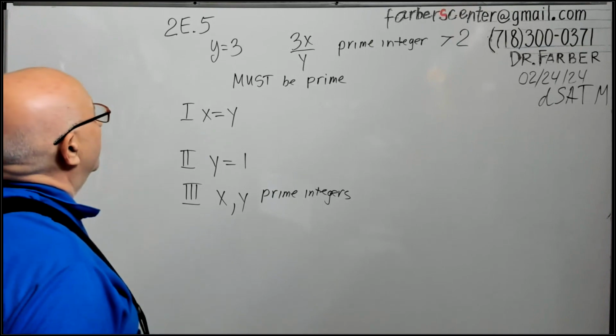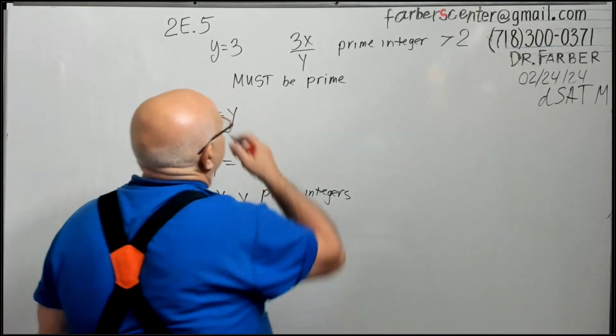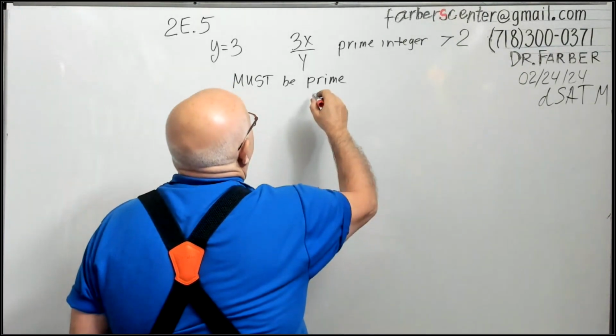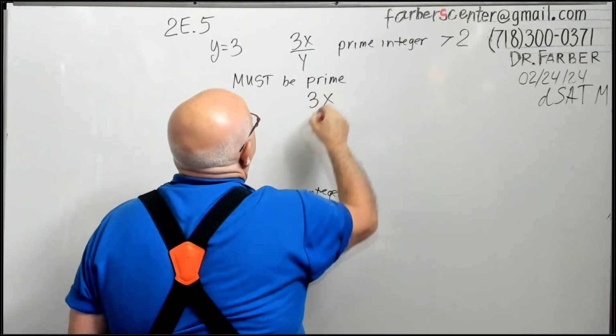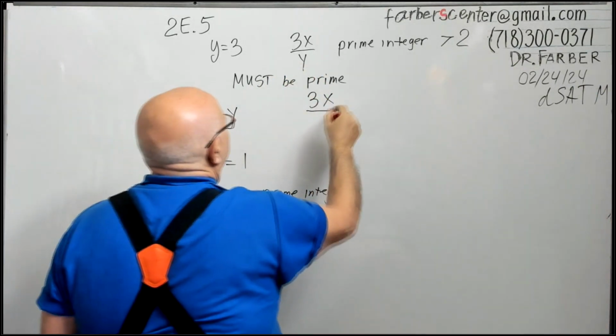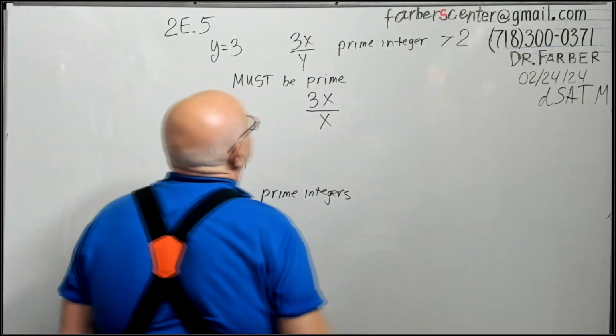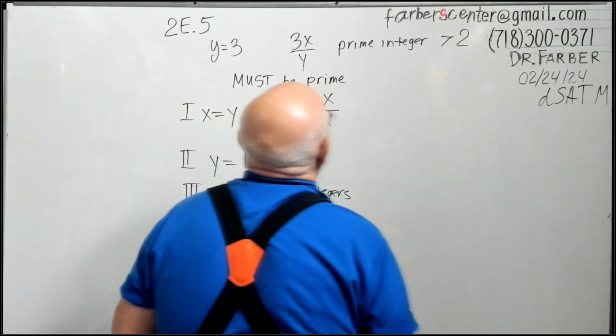Let's analyze one by one. If x equals y, for instance, 3x over y equals 3.